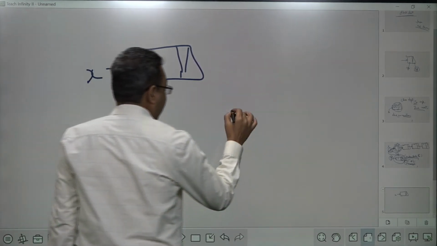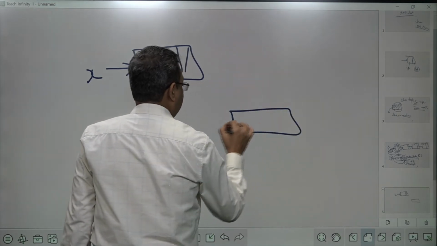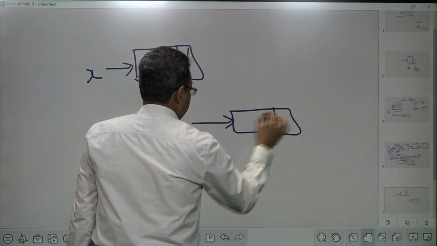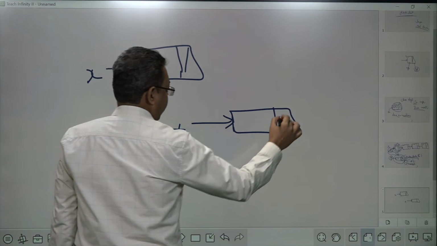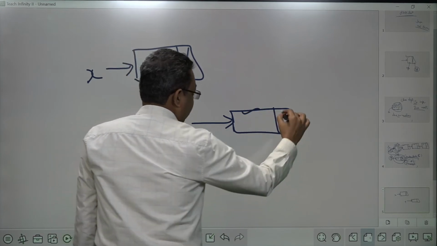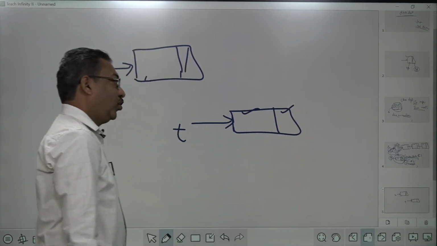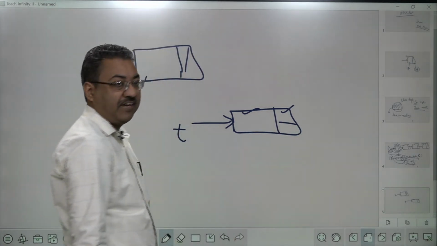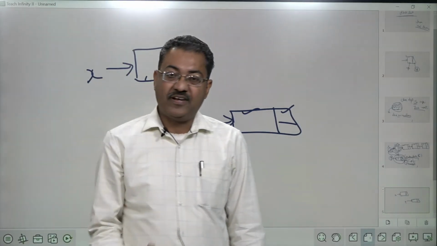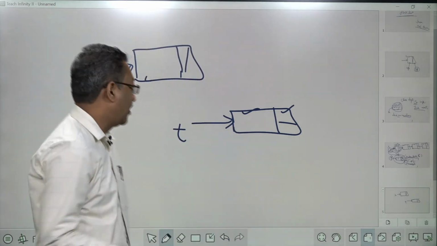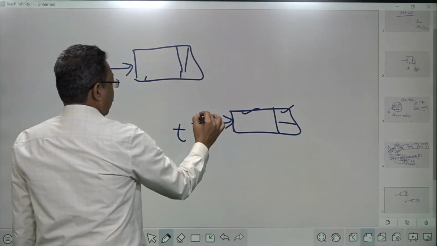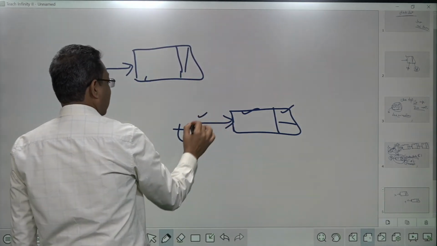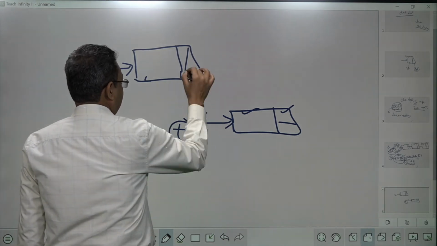So the very first thing is create a node, initialize its information part. No need to initialize the link part. Reason being, by default, whenever you create a reference, they are initialized to null, right? So what to be done next? Insert this T here.